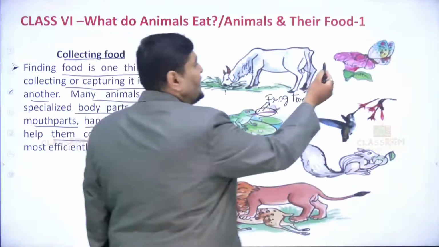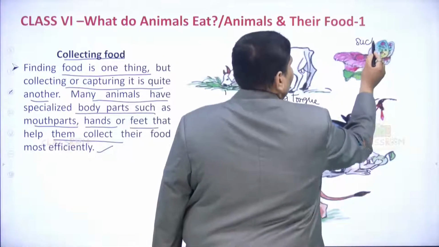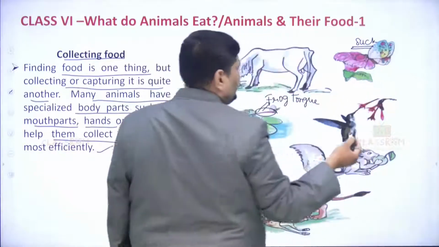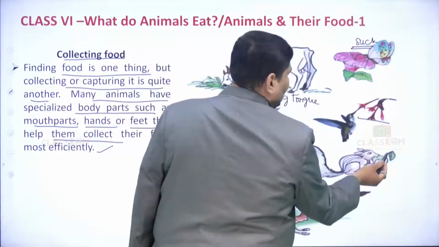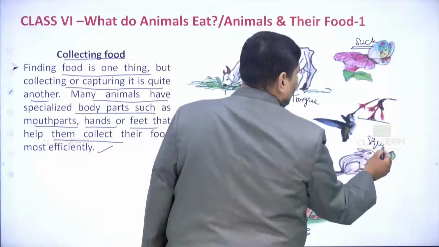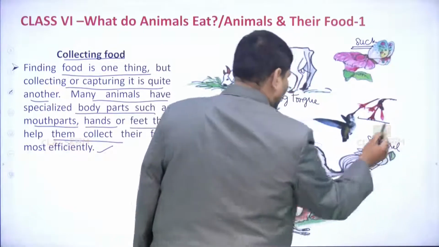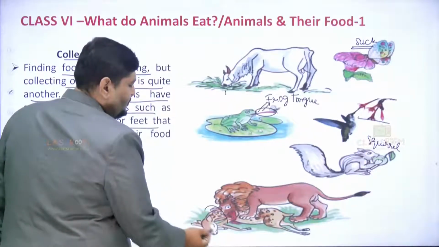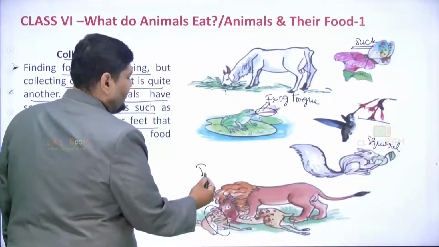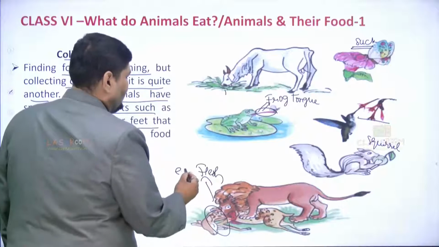Same way you can see how sucking works here, like a butterfly sucks the nectar. There's a different way. Then you can find the other ways, eagles and squirrels trying to have food with their mouth parts, and then the lion tries to kill, trying to eat flesh.